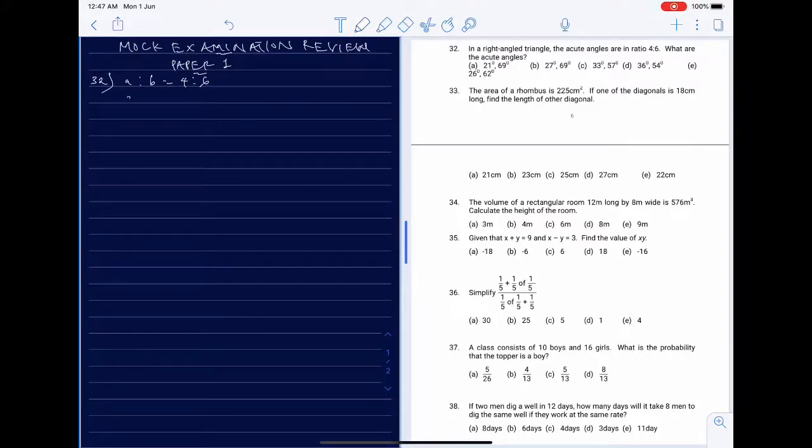This means A over B is equal to 4 over 6, and of course that means A over B equals 2 over 3. If you cross multiply, it means 3A equals 2B, and that means A equals 2B over 3.